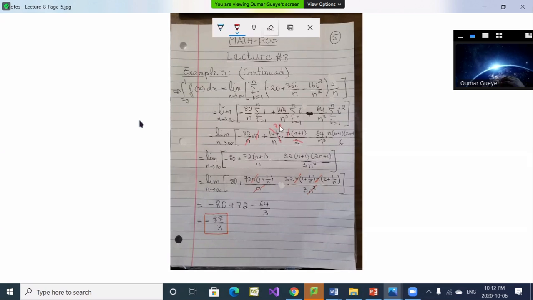And you will get the numerator going to be 72 times this bracket, and the denominator becomes only n. For the last term, you have 64 over 6. You can simplify by 2. So here we'll get just 3. And here you simplify by 2, it's going to be 32. And so we have here the denominator equal to n cubed.